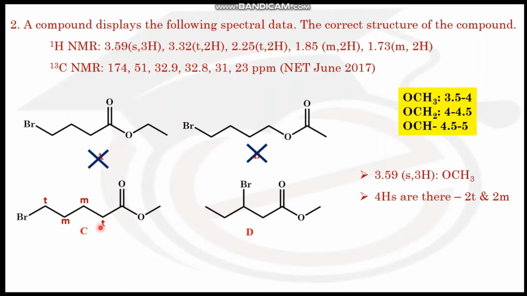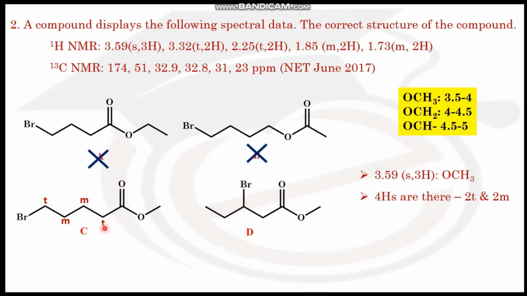OCH3 we no need to consider, we already understood there is an OCH3 group. Here 2 hydrogens are there, here 2 hydrogens, overall 4 hydrogens. So there is splitting like 2nI plus 1, which we already discussed in previous classes. So this will be a multiplet, this a multiplet, and this a triplet.